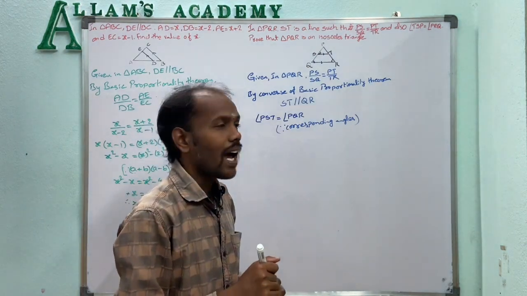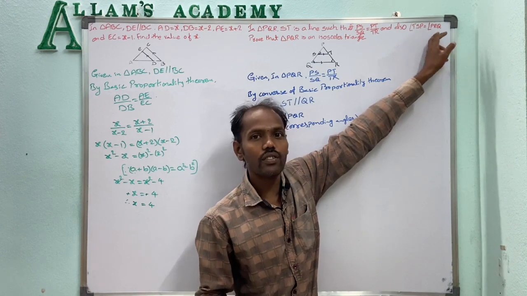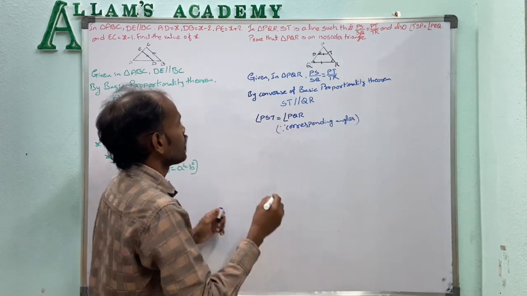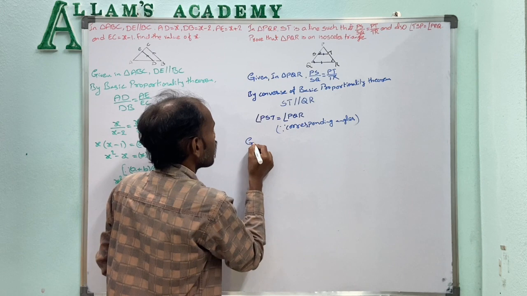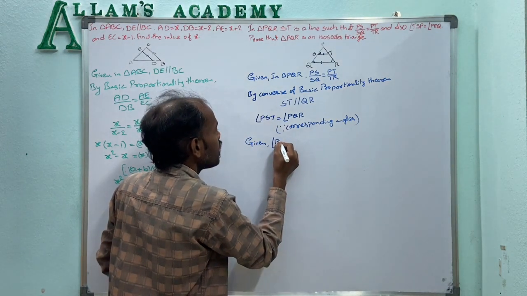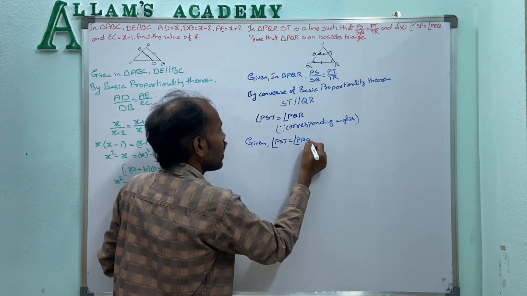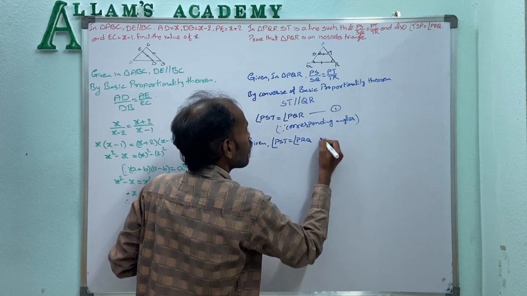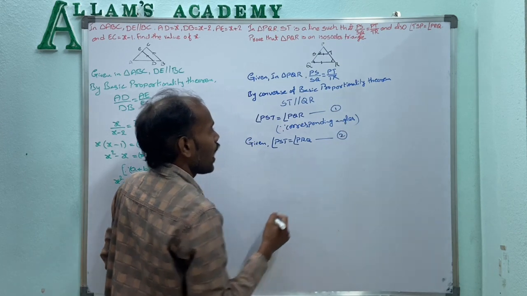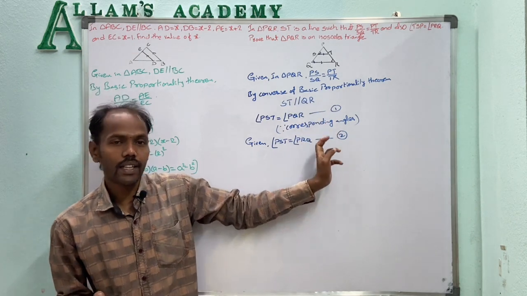And already our given angle TSP equal to angle PRQ, that is given, angle PST equal to angle PRQ. Now these two equal statements we take as equation 1 and equation 2.